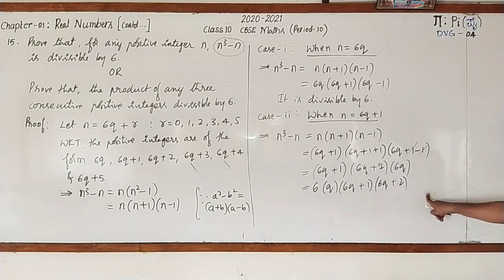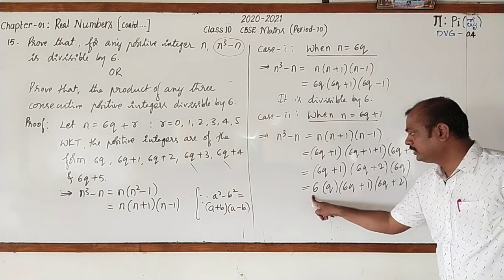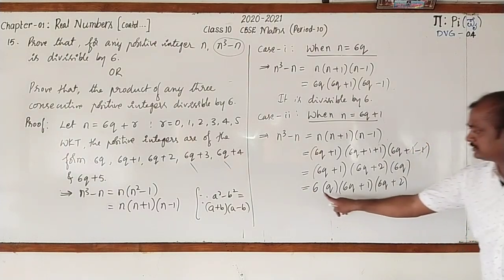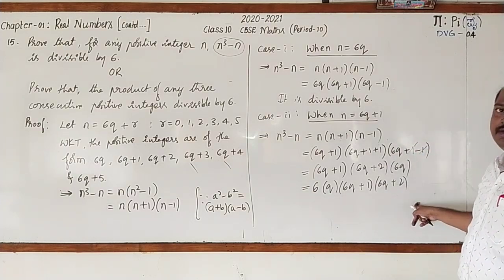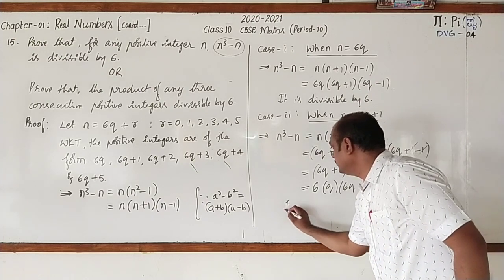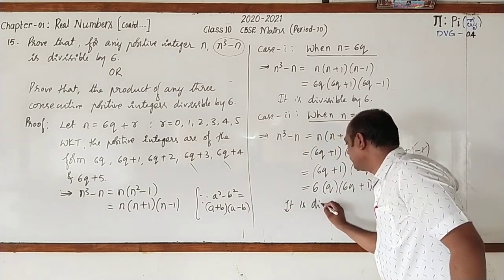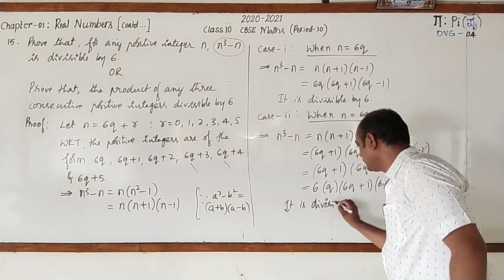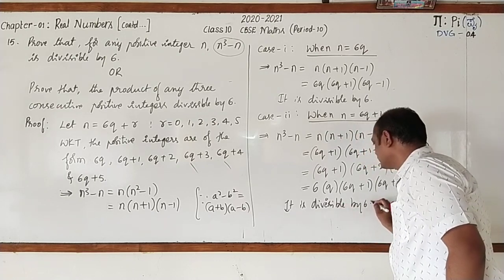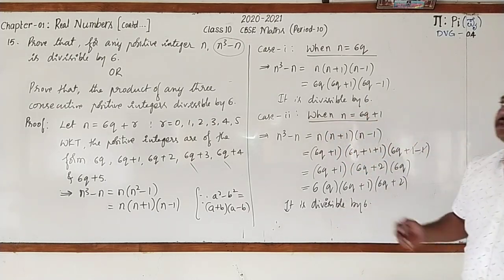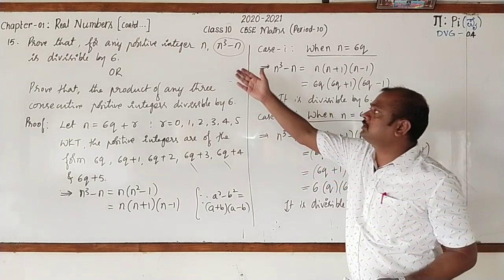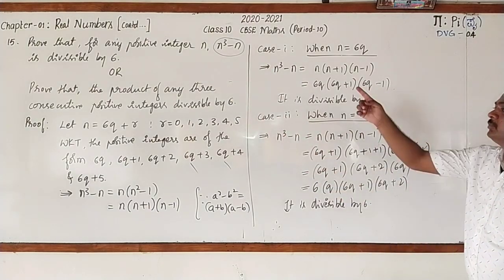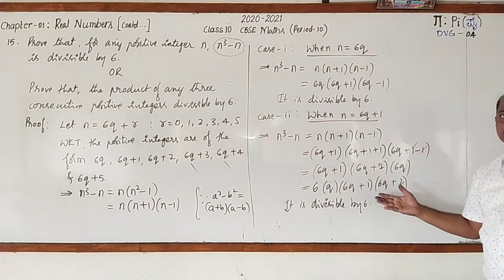See that this is in product form, and it is the multiple of 6. Hence it is divisible by 6. Therefore, you can write a conclusion: for any positive integer n, n cube minus n is divisible by 6.